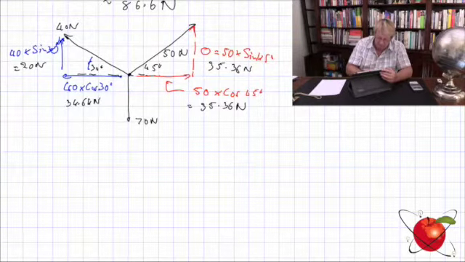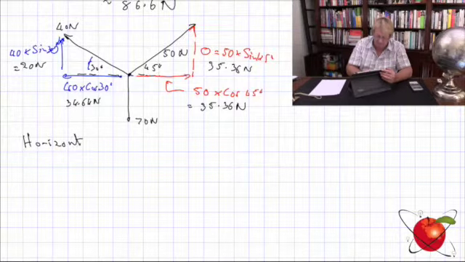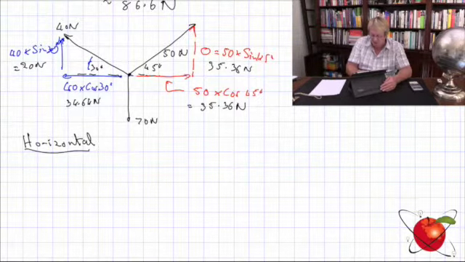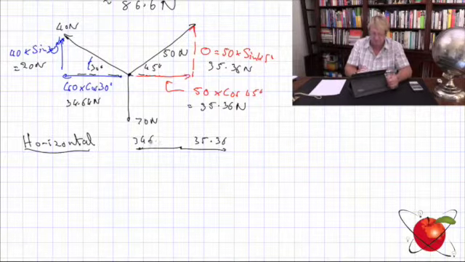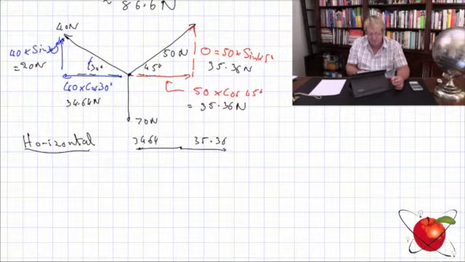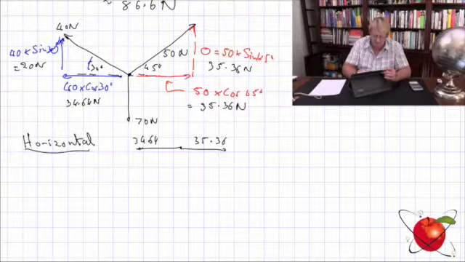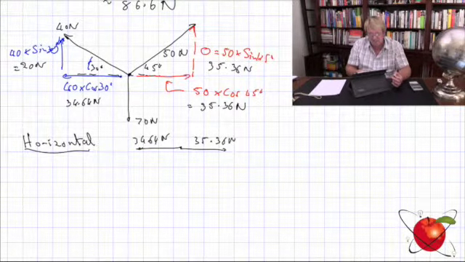So we now say, right, horizontal direction. We've got, let's do the drawing, 35.36, and this way 34.64. So you can see that there's a little bit of force. It's not totally balanced in that direction.